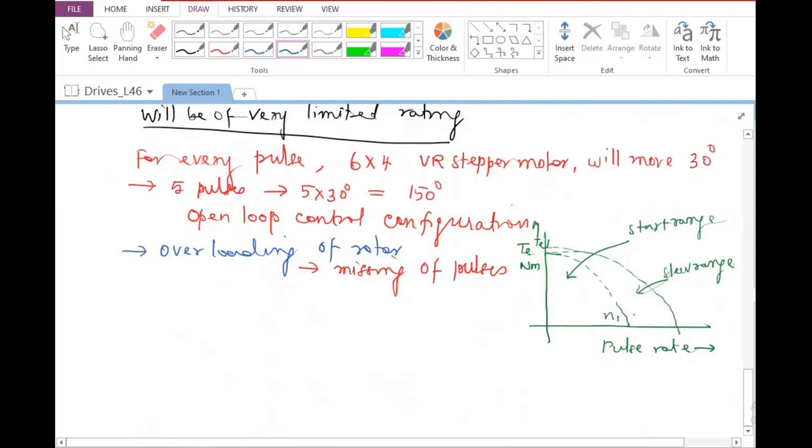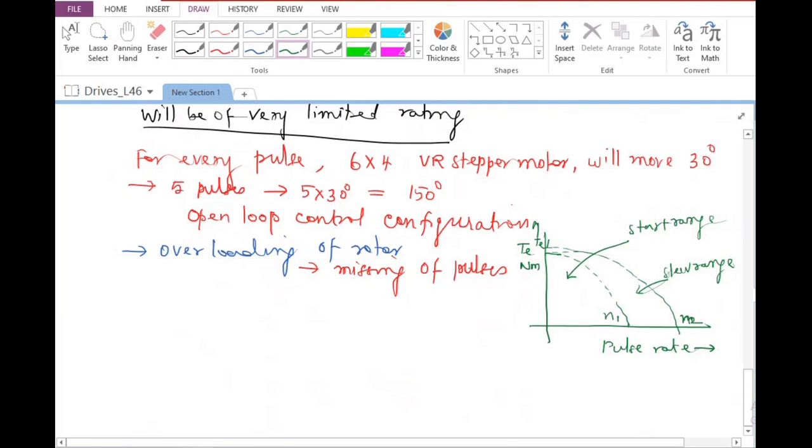So if I say this is N1, whereas this is N2, if the motor is already up and running, it will be able to handle a higher pulse rate, whereas if it is just starting from rest, it will be able to handle only a lower pulse rate with a lower amount of torque. So we should be mindful of what is the maximum torque value my motor can be subjected to, and what is the maximum speed it can achieve with the particular torque already on the rotor shaft.